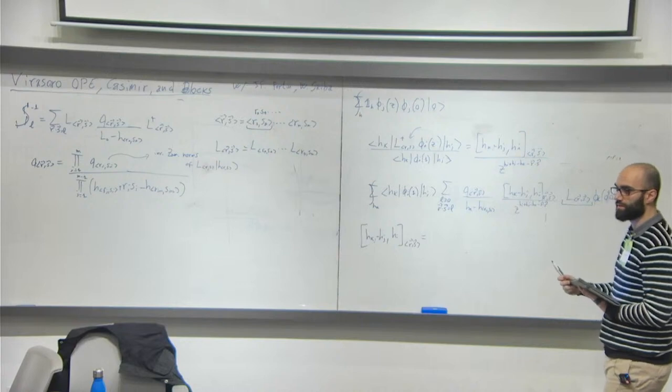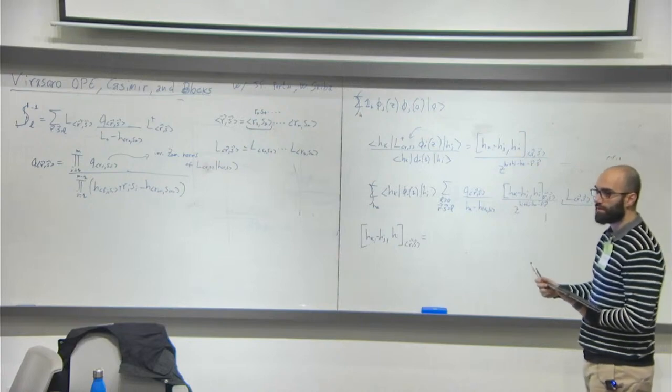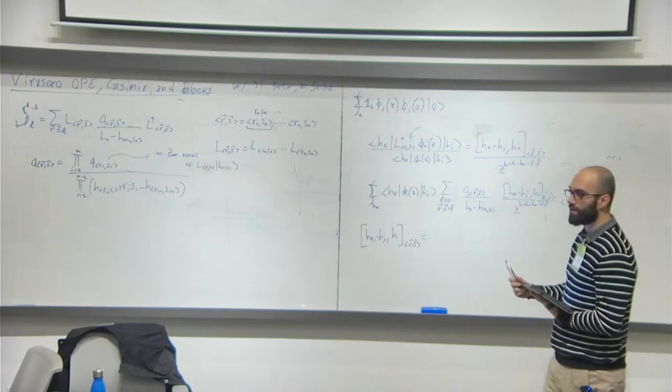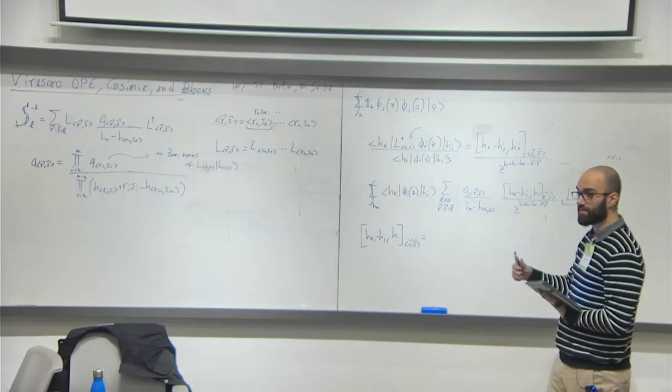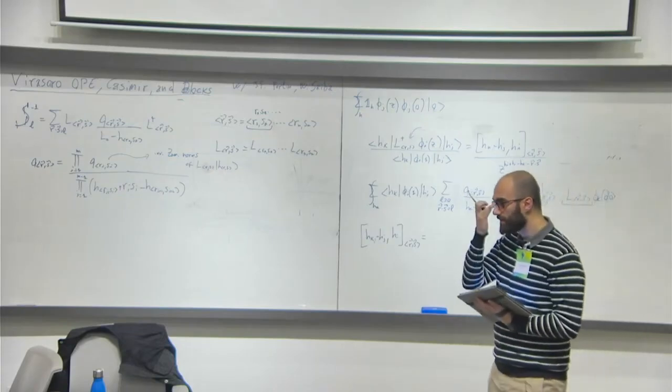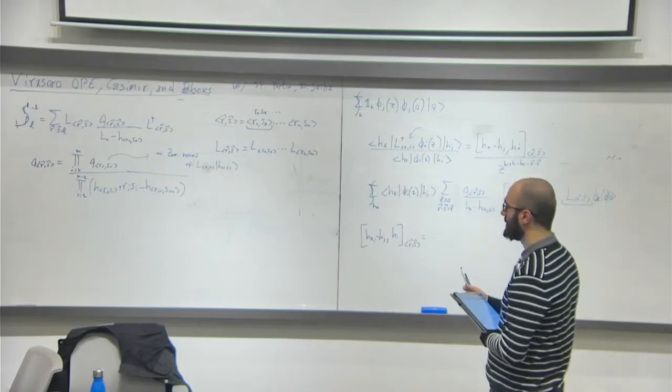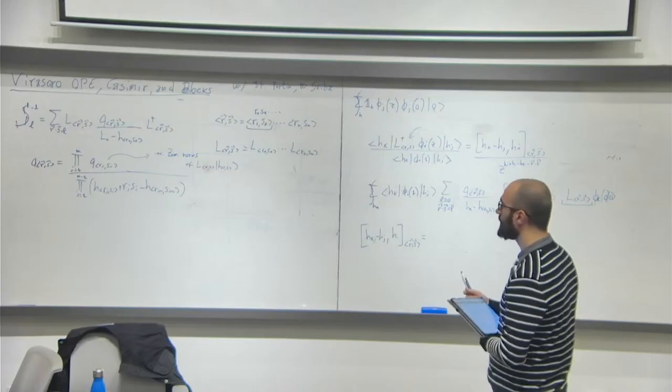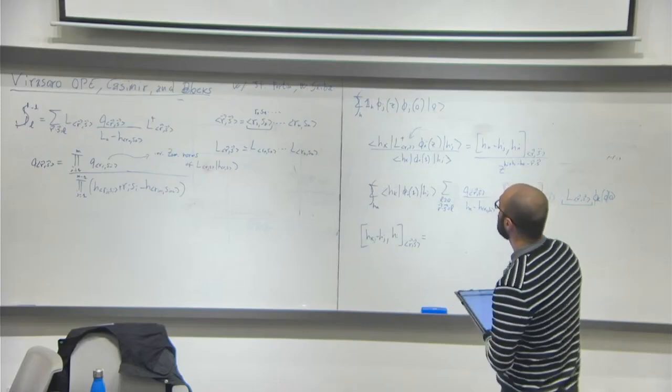I'm just wondering if it's bigger, faster or slower than the size of the Shapovalov form. The Shapovalov form is a matrix at every level, so it has some size, right? The number of descendants at that level. So I'm just wondering if it's faster or slower than this.